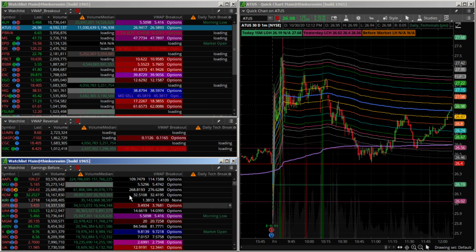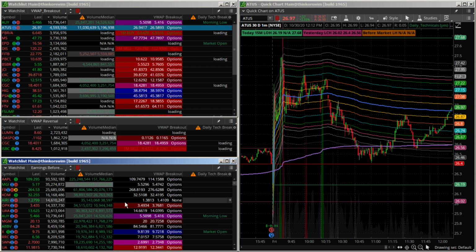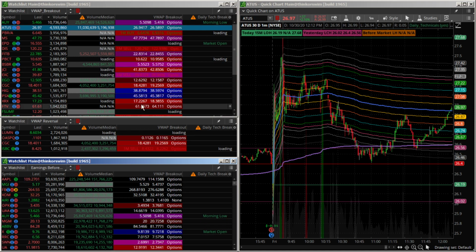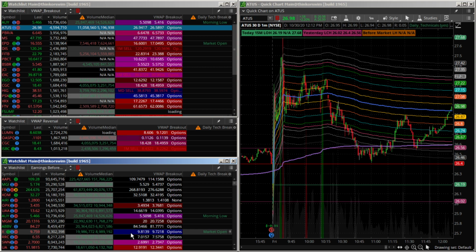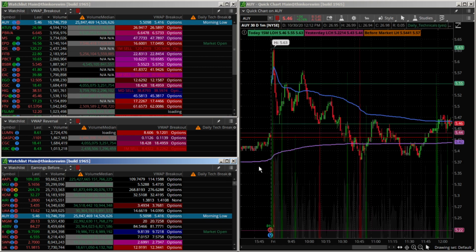Okay. I'll just go through the VWAP breakout column quickly. So this tells you if it's close to a VWAP. Red is close to the 1 minute, and blue would be close to the multi-day VWAP. When it's purple, it's because it's close to both of them.